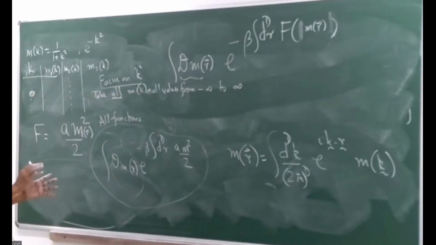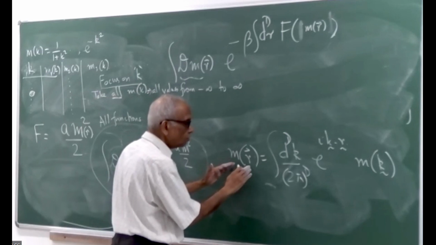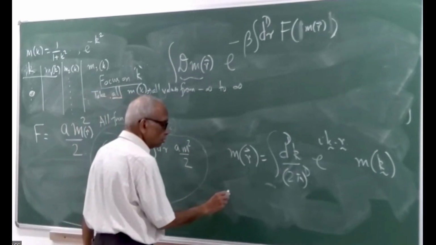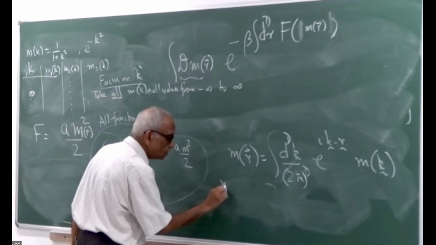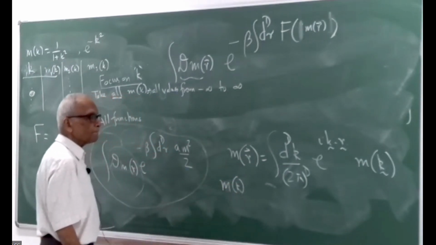So what I'm saying is that an integration over all m of r's is equivalent to doing an integration over all m of k.